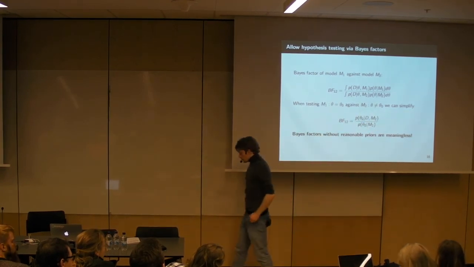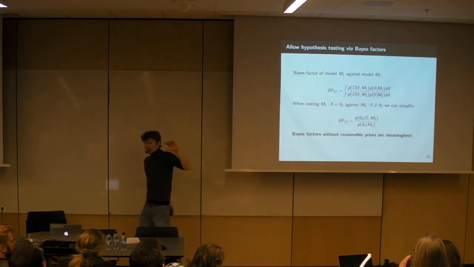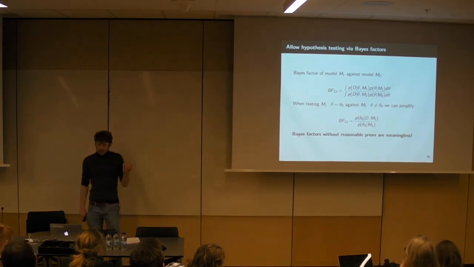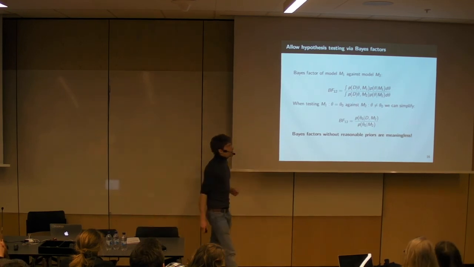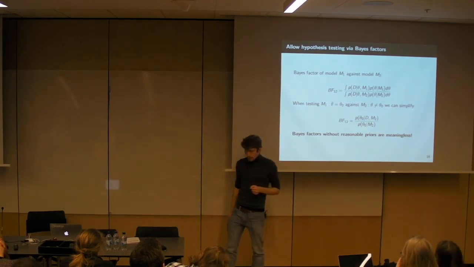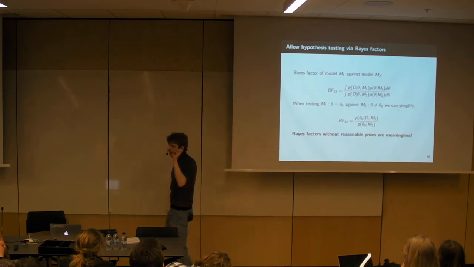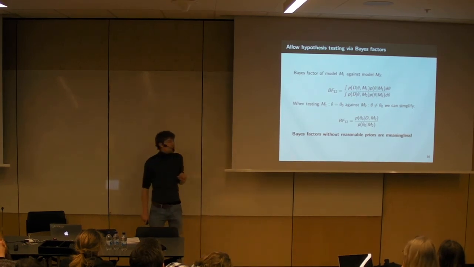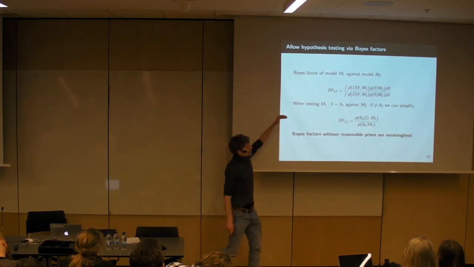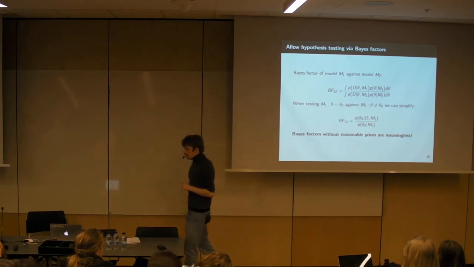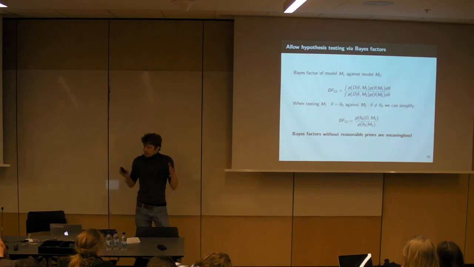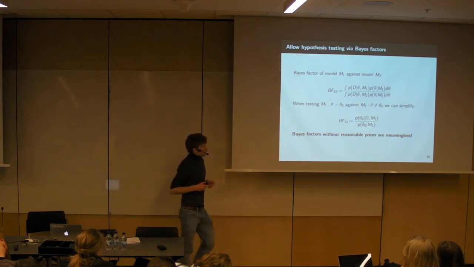So we call this integral the marginal likelihood or evidence of a model. So it's the probability of the data after having averaged out the parameters, or more precisely, the probability of the data given the model. So we are comparing the probability of the data given the first model as compared to the probability of the data given the second model, roughly speaking.